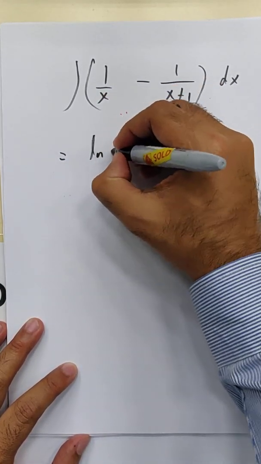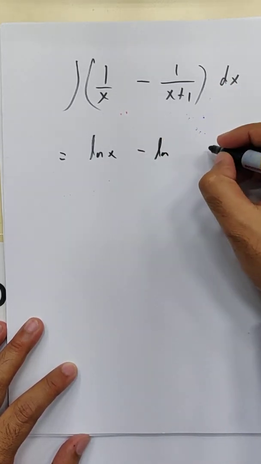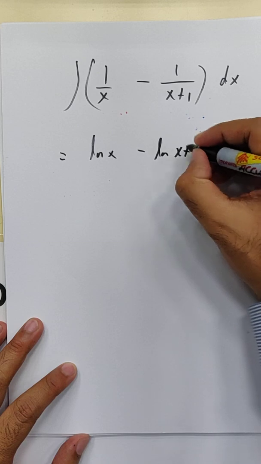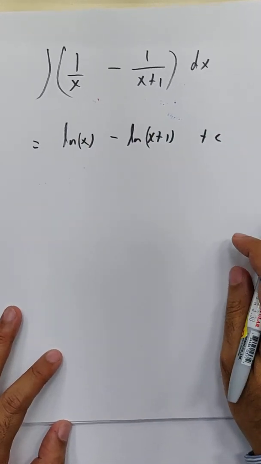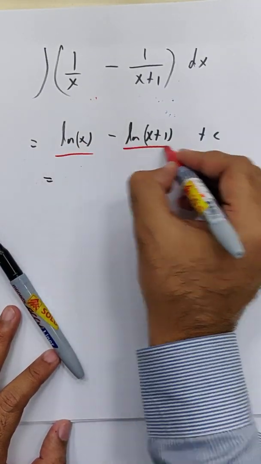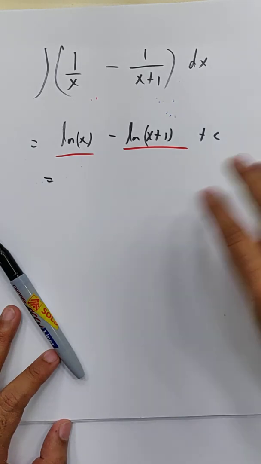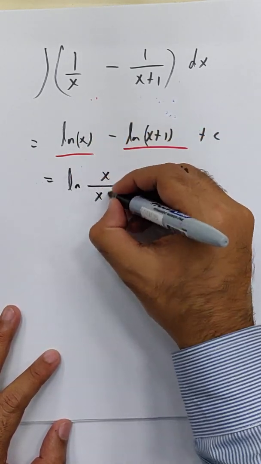The left side is ln x. The right side is ln x plus 1, plus c. I would like to go one step further, because this thing I can combine: ln x over x plus 1.